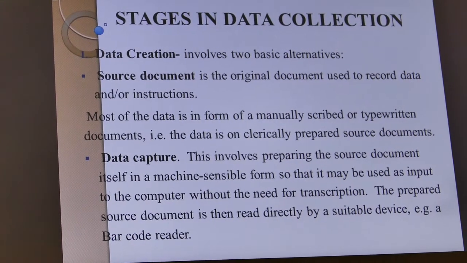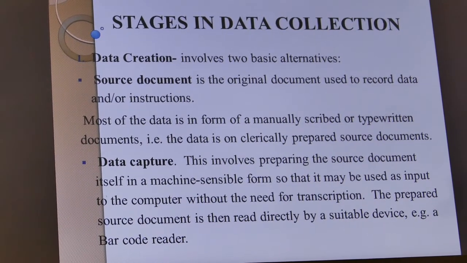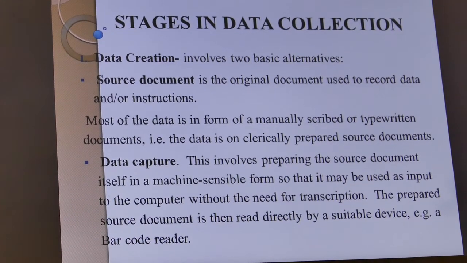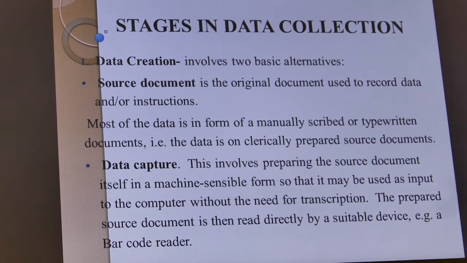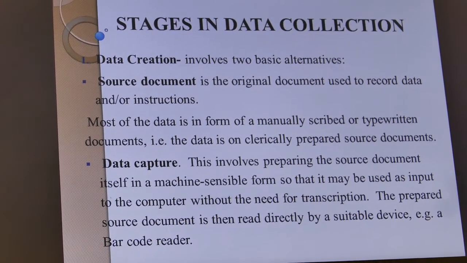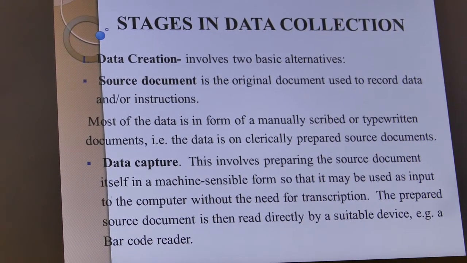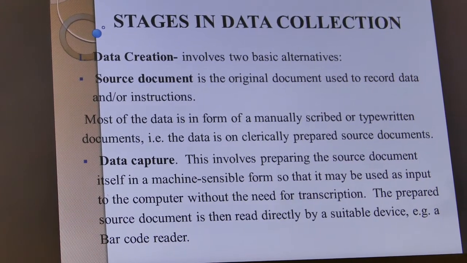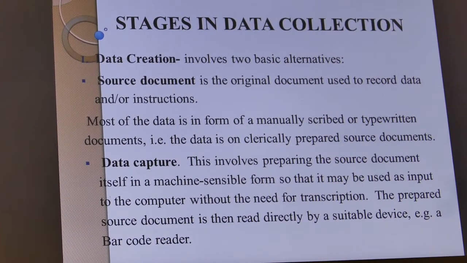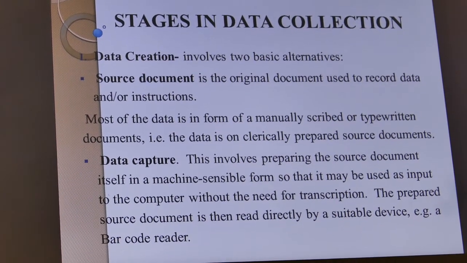Then we have some stages in data collection. One is data creation, which involves two basic alternatives. You can use the source document, which is the origin document, and most of the data is in form of manuscript or typewritten documents.